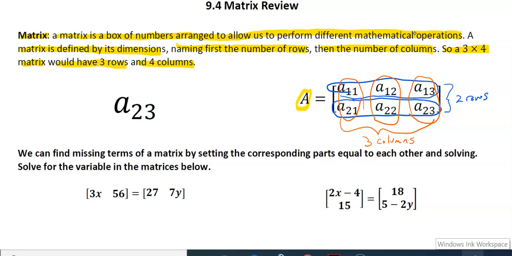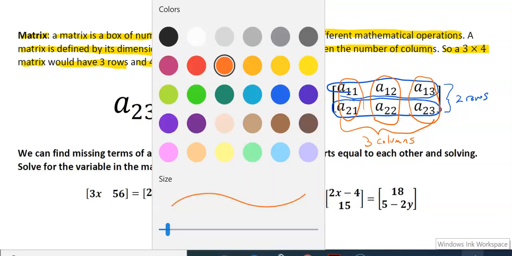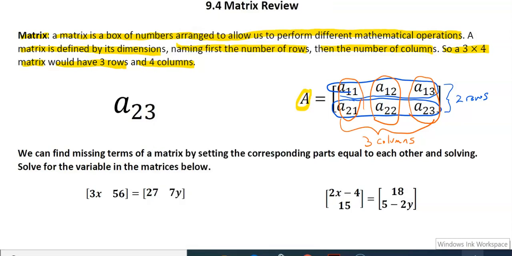And so we would say that A is a 2 by 3 matrix.